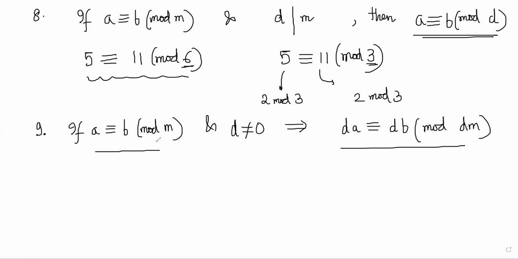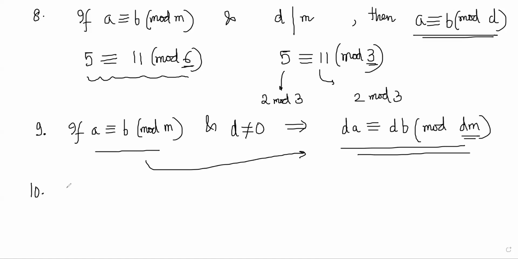The forward direction works. You can multiply everything with D here, and this equality is true. But the reverse direction is not necessarily true, since here this is mod DM and here it is mod M. So it doesn't have to be true.